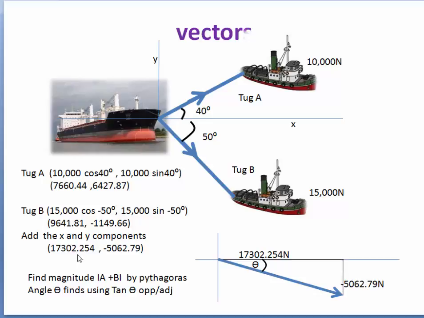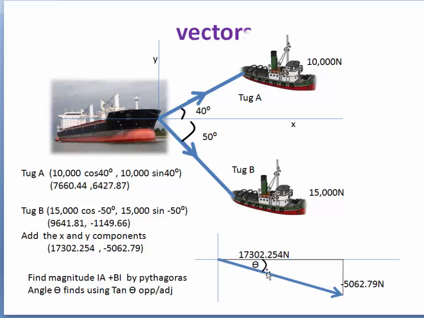Then we add the two x values and the two y values, and we get 17302.254 newtons as the x and minus 5062.79 newtons as the y. Draw this as our vector diagram. So this is the x, this is the y, and this is going to be our resultant force.